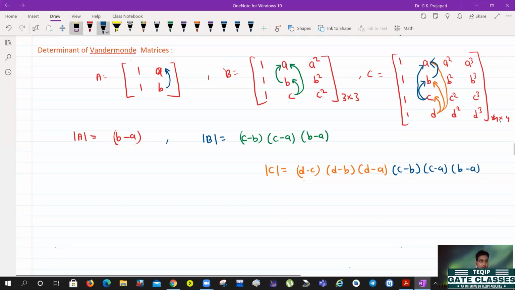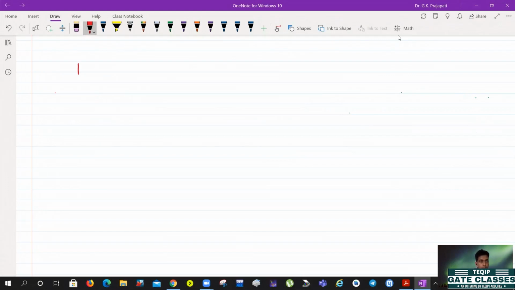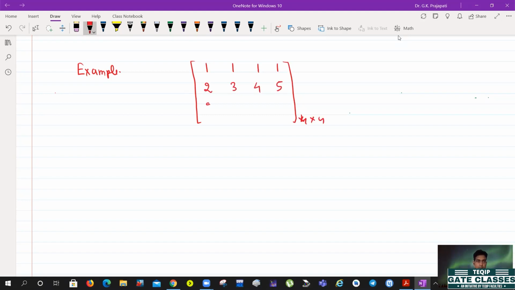How do we apply it? So we can take an example, like a 4 cross 4 matrix whose first row elements are 1, 1, 1 and 1, next row 2, 3, 4 and 5, next row 4, 9, 16, 25, and the fourth row 8, 27, 64 and 125.